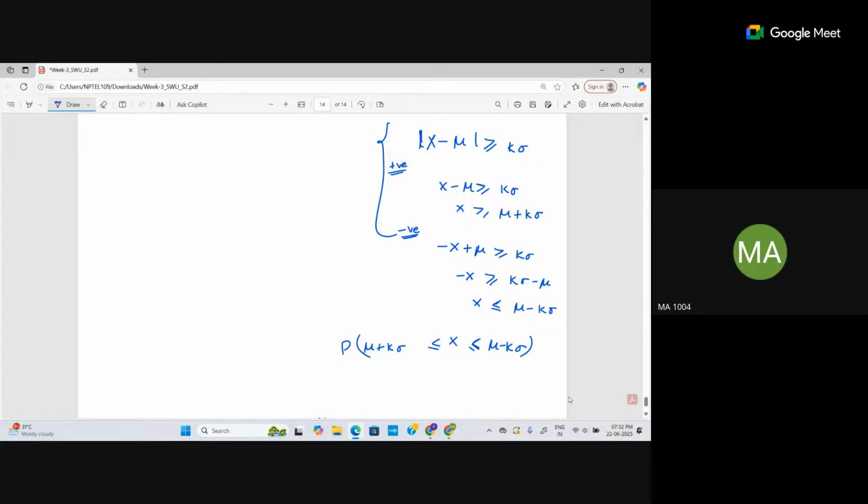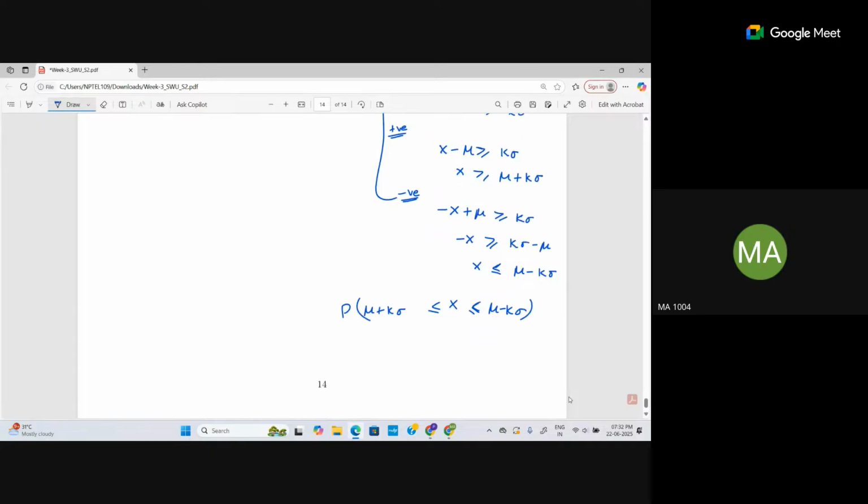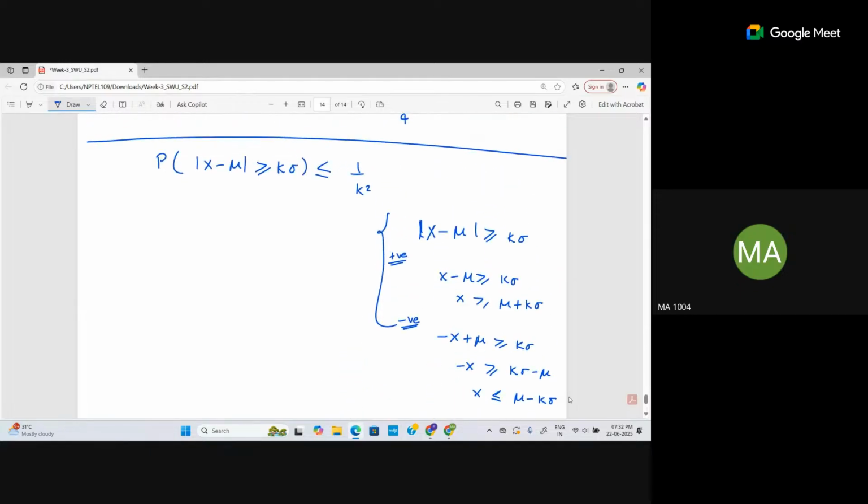Okay, so now we will do 1 minus of this. In this you can see it is a less than or equal to sign. When you do 1 minus of it, it will become greater than or equal to 1 minus 1 upon k square, for x between mu minus k sigma and mu plus k sigma.